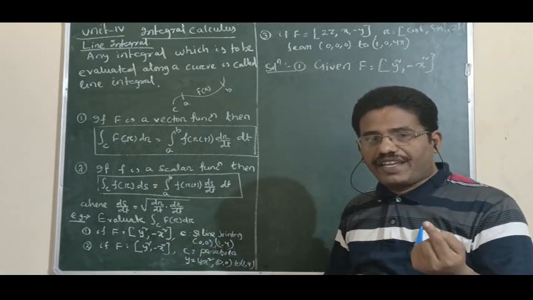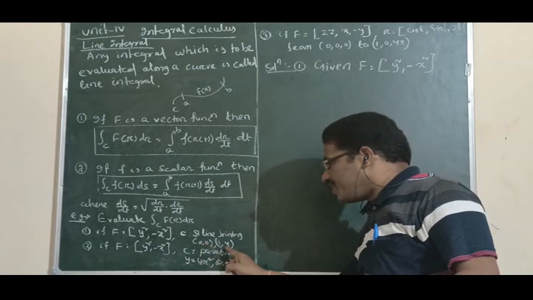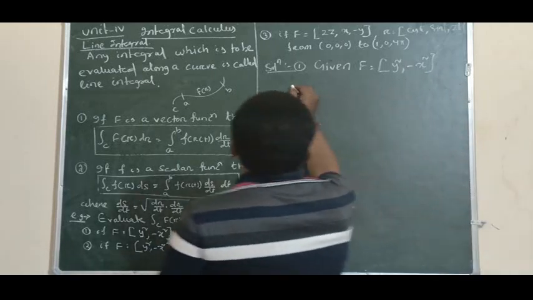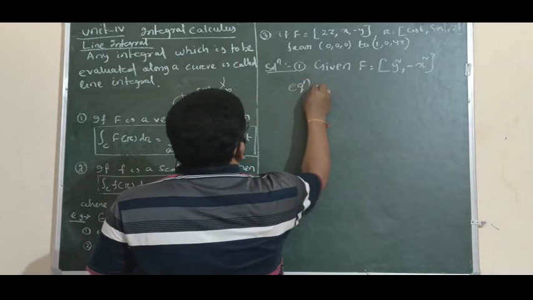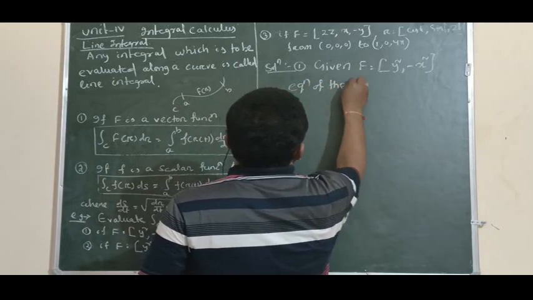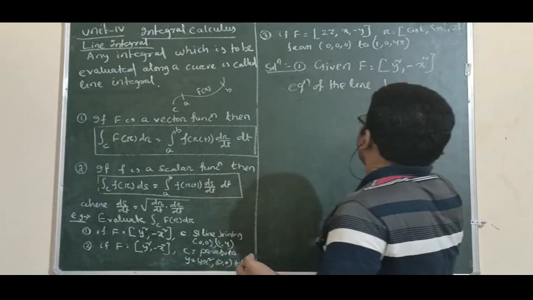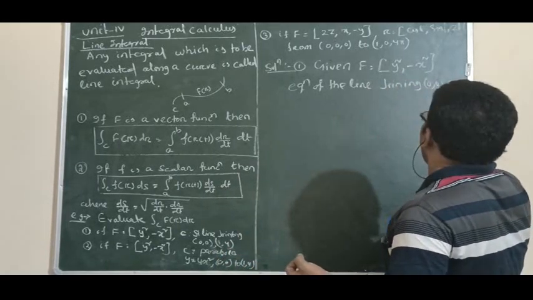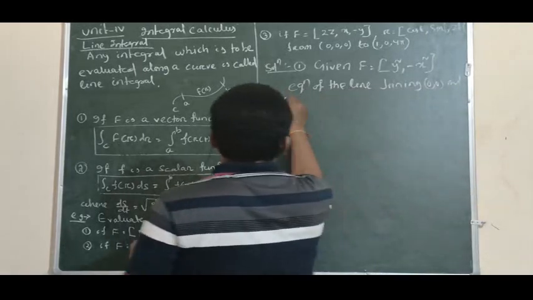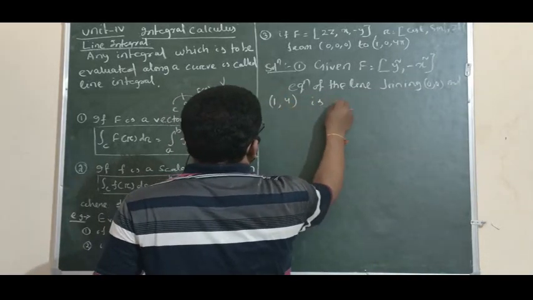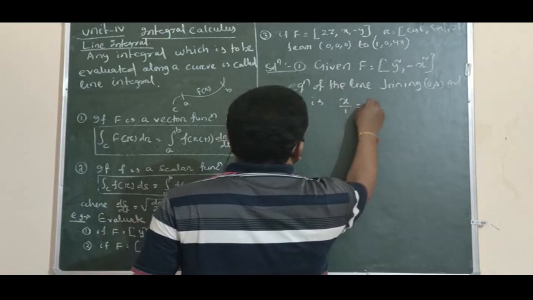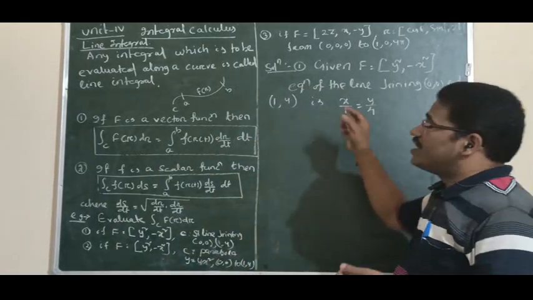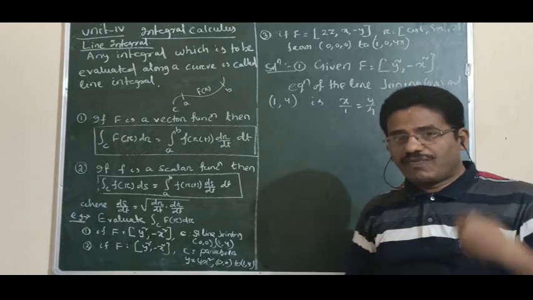The equation of the line joining the 2 points 0, 0 and 1, 4 is x by 1 equal to y by 4. This is the equation of the line in symmetric form.